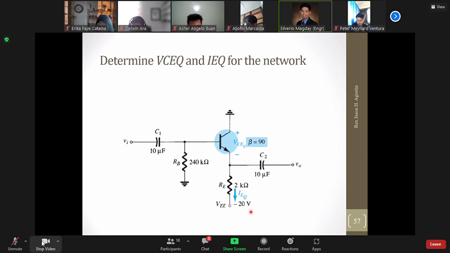So, pwedeng pa ganun, minus 20 plus IERE plus VCEQ. Sir, 11.676 volts. 11.67 or 11.68 volts. Good.